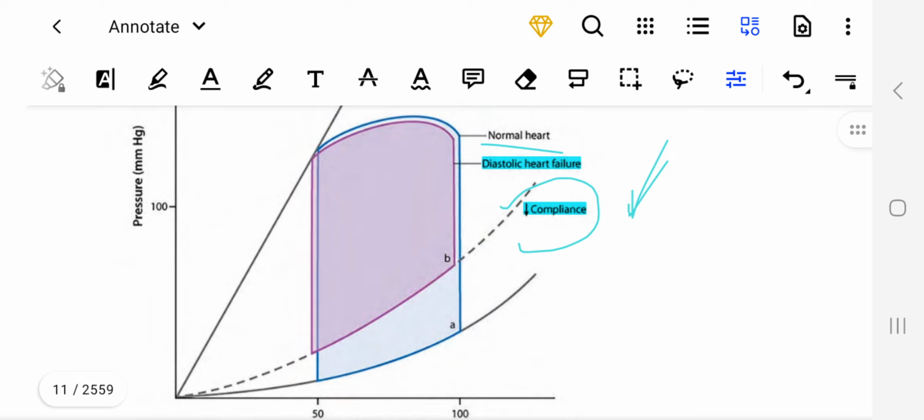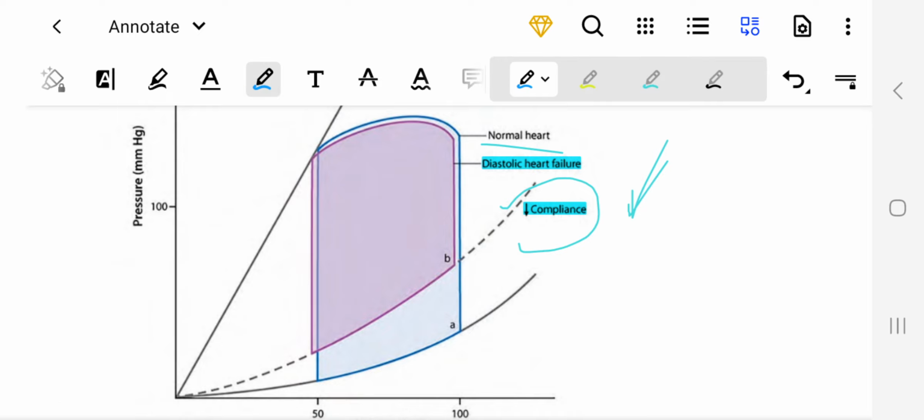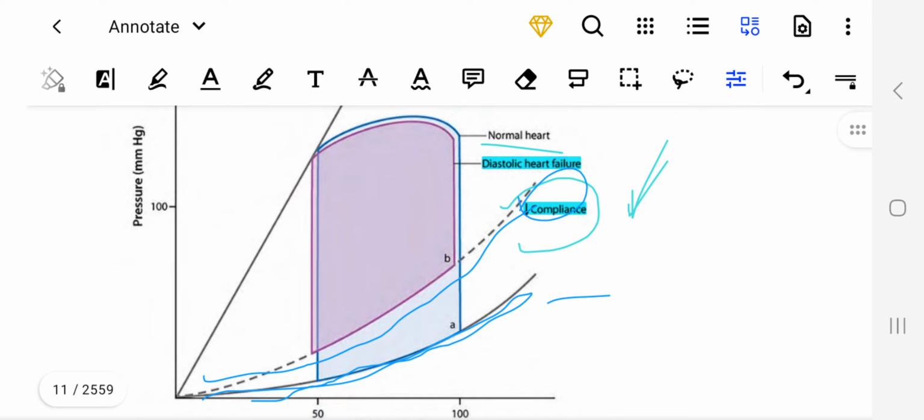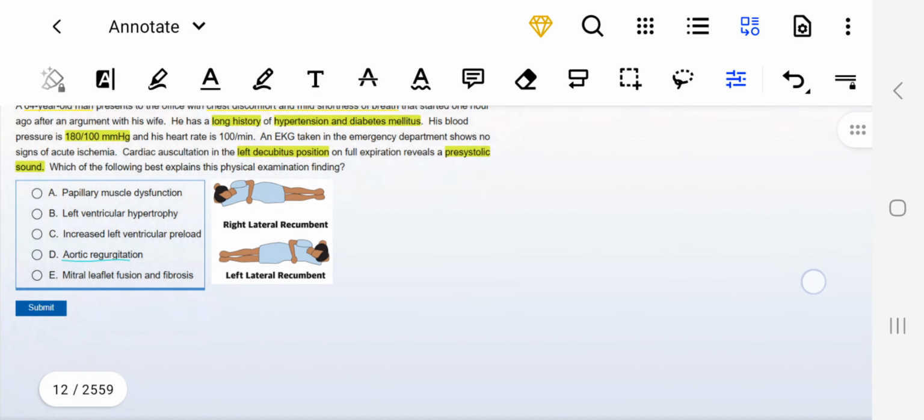What will happen is, as I mentioned, the slope will be increased. Like let's say the normal slope is this one, which is the normal compliance, right? But now the compliance is decreased, so the slope is increased, right? They're talking about this thing.